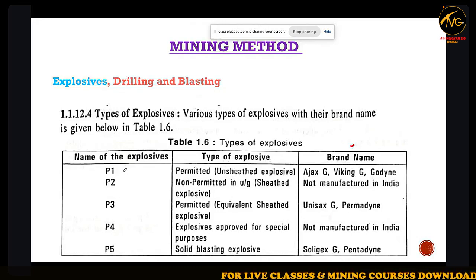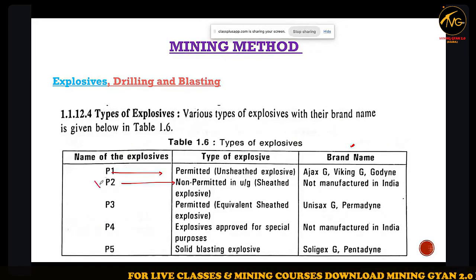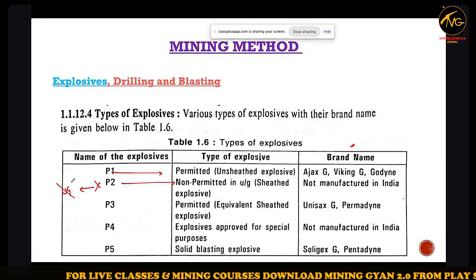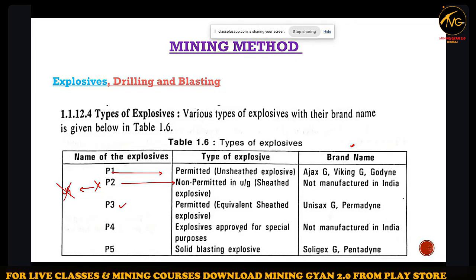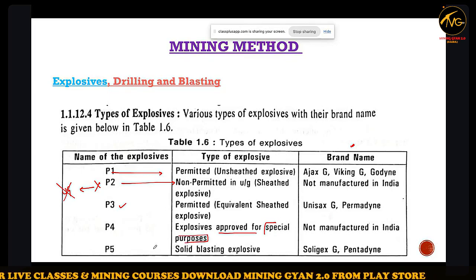But you should know that P1 is permitted, P2 is not permitted. So not permitted means we will not use it in UG. Okay. P3 is permitted, P4 explosive is approved. It needs special purpose, so it needs permission. P5 is used in solid blasting.